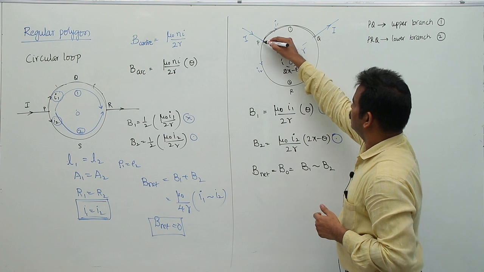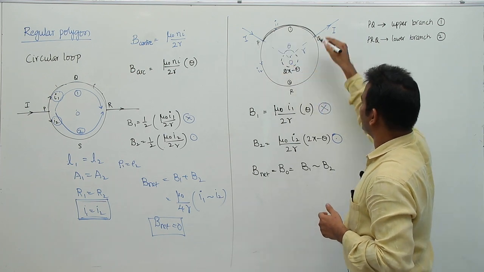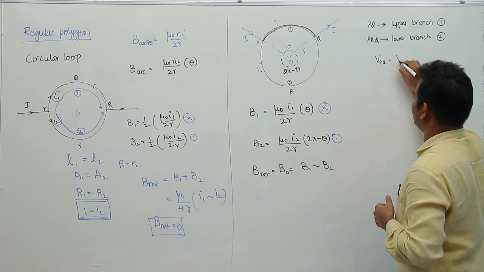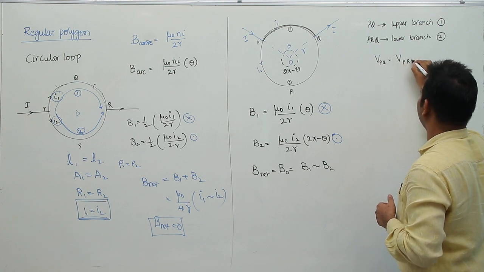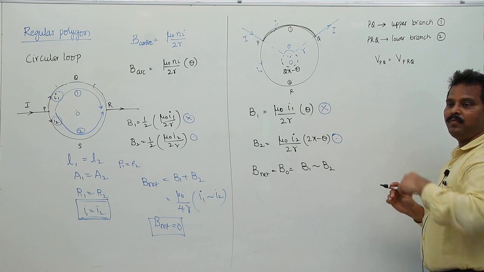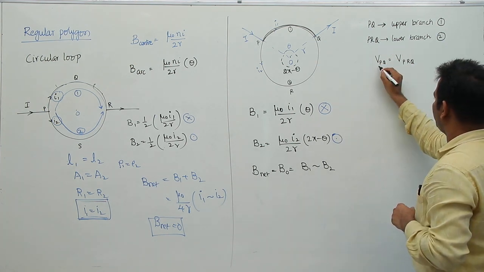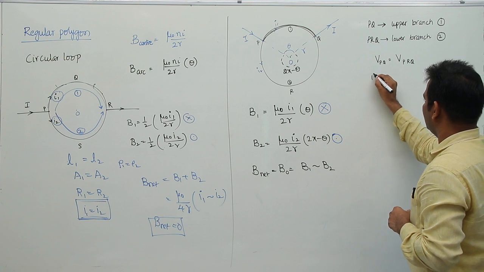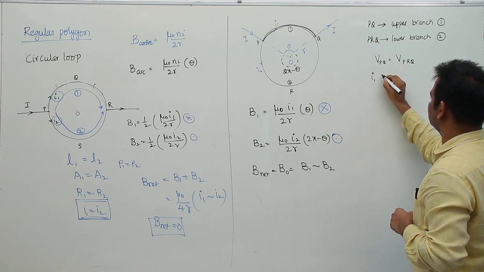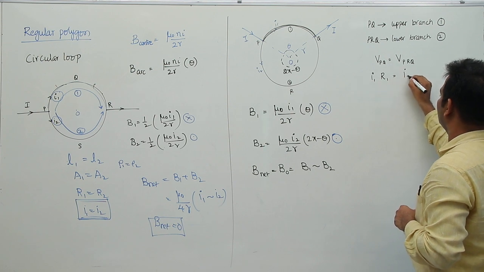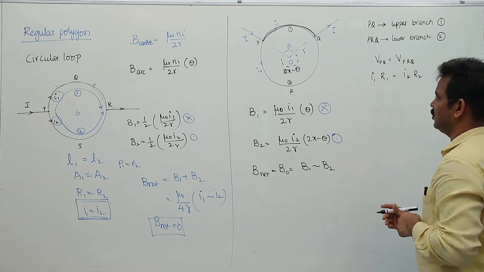As we know, this wire and this wire are connected in parallel, the voltage across PQ is equal to the voltage across PRQ, which is equal to the potential of the battery connected across these 2 points. So when the potentials are equal, what can I write? Current in the upper branch I1 into resistance in the upper branch R1 is equal to I2 into R2.